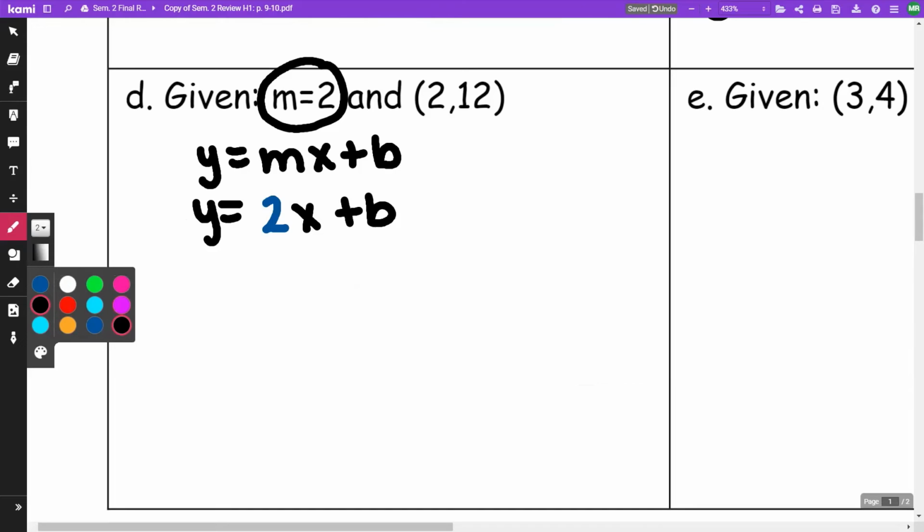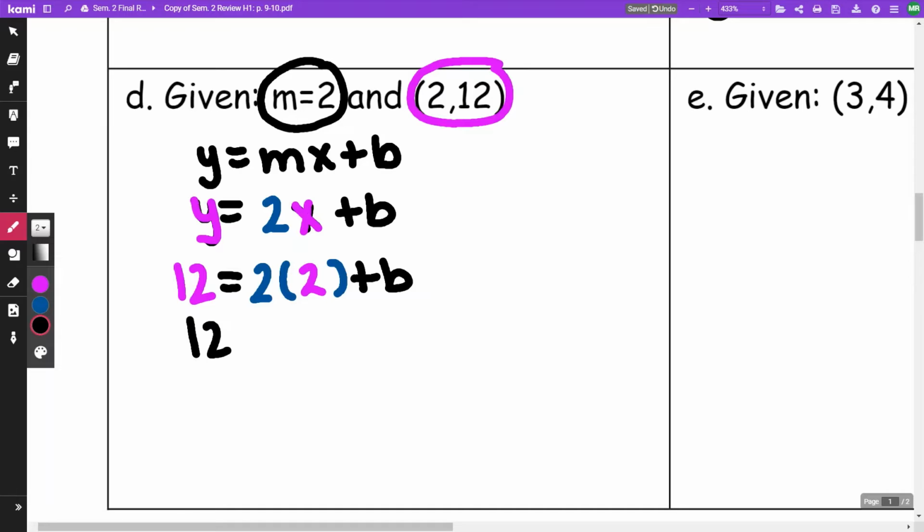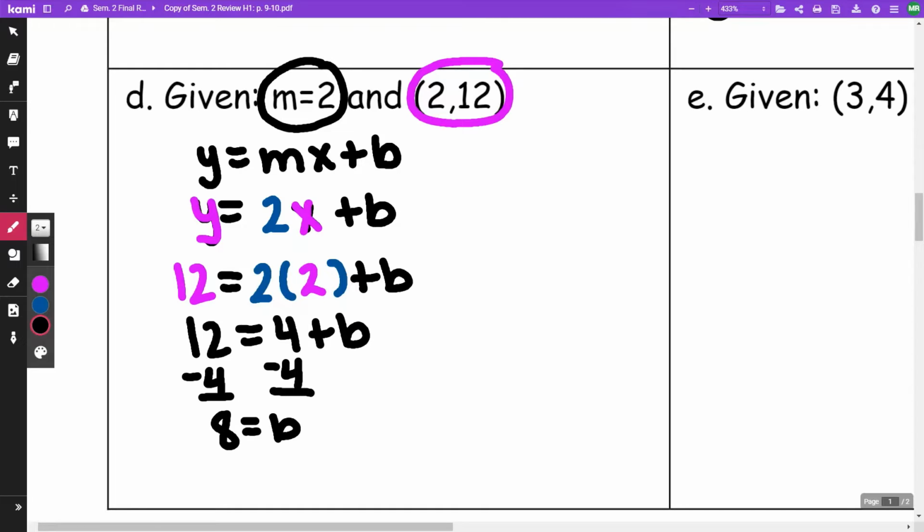To find the b, I am going to take this point, 2, 12, and put it in for my y and my x. So I'm going to have 12 is equal to 2 times the quantity x, which is 2, plus b. So I'm going to get 12 is equal to 4 plus b. I'm going to subtract 4 from both sides, and I'm going to get 8 is equal to b.